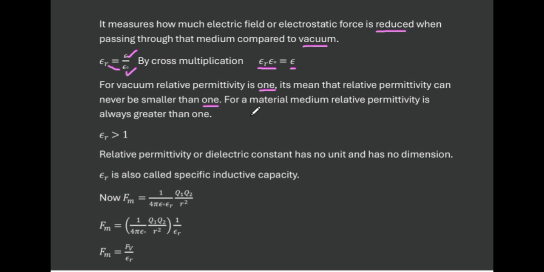For a material medium, relative permittivity is always greater than 1. So for free space or vacuum it is equal to 1, and for a material medium it will always be greater than 1.